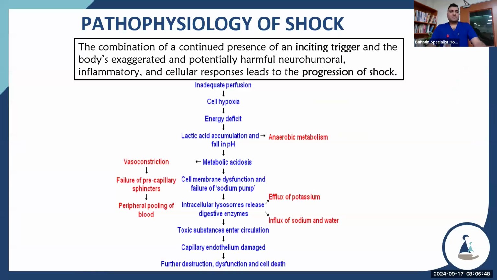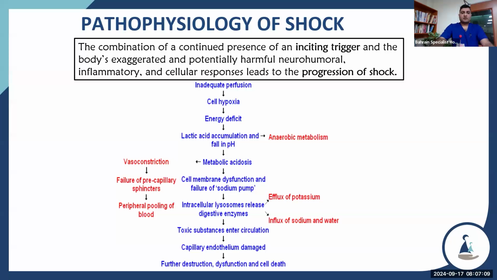Physiology of shock is different for every kind of shock. We'll go into categories later on, but basically the combination of continued presence of the inciting trigger and the body's exaggerated and potentially harmful neurohumoral, inflammatory, cellular responses leads to progression of shock.